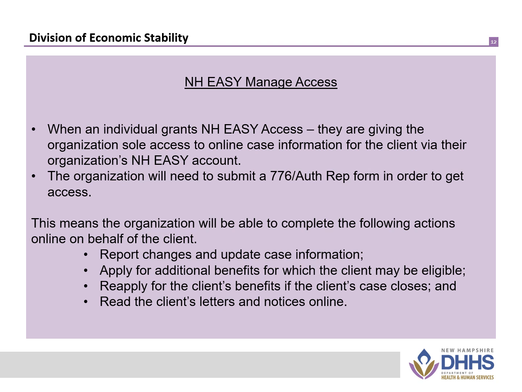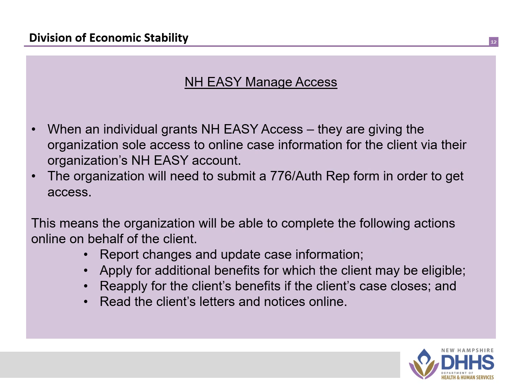Now we will review what you are able to see if you have been approved full managed access for an individual. When an individual grants New Hampshire Easy Access, they are giving the organization sole access to the online case information for the client via their organization's New Hampshire Easy account. The organization will need to submit a 776, an authorized representative form, in order to get this access.